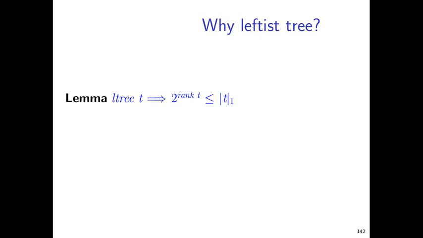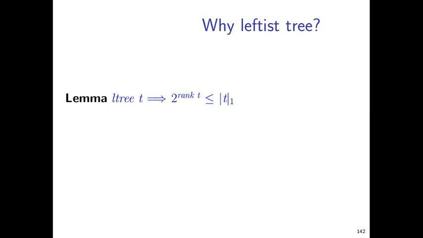If we have a tree that has the form left and right, we want to show this. By induction hypothesis, we know that the rank of right equals the rank of t minus 1.